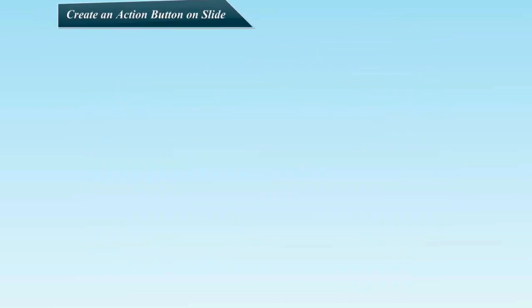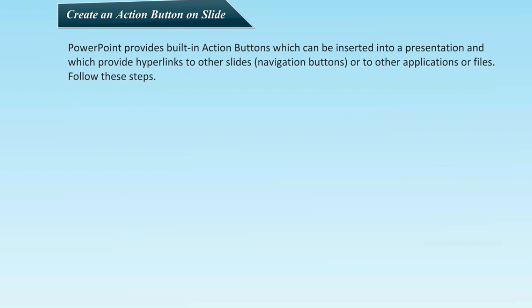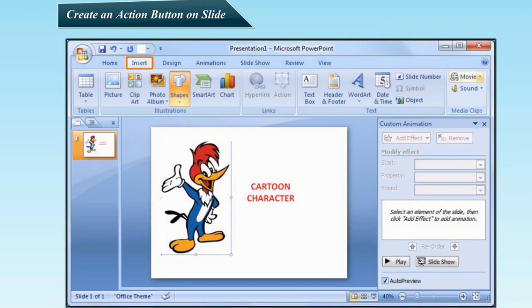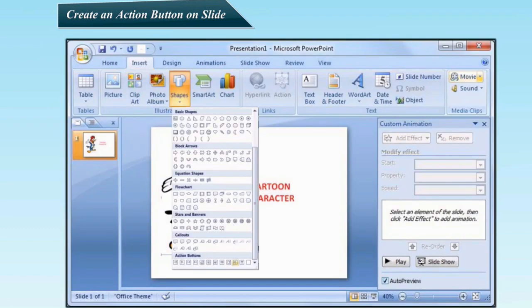Create an action button on a slide. PowerPoint provides built-in action buttons which can be inserted into a presentation and which provide a hyperlink to other slides or to other applications or files. Follow these steps. Open the Insert tab on the ribbon, click on Shapes. Down below, you can see Action Buttons. You have to click on it.